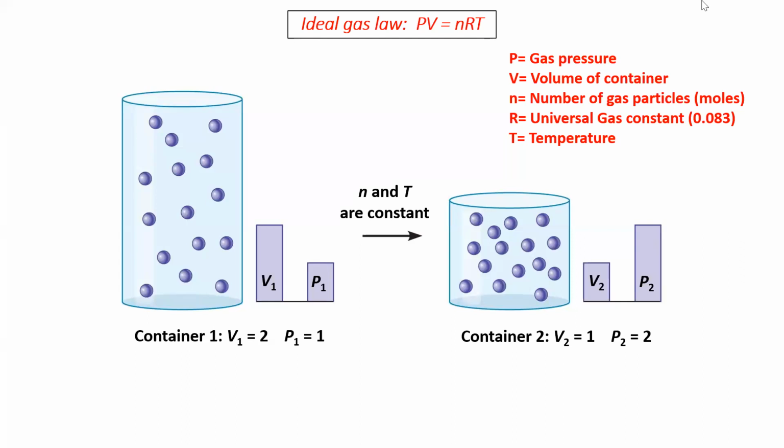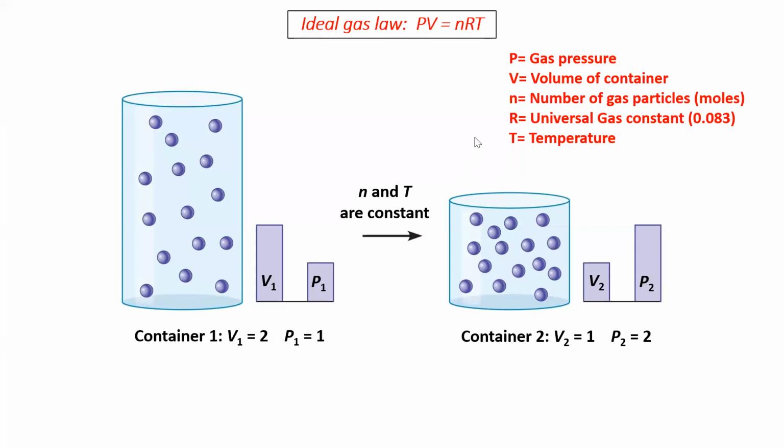Now, most of these variables are kept constant if you think about our lung physiology. The universal gas constant is kept constant. The temperature is kept constant. And the number of gas particles usually changes in our physiology, but for the benefit of this example, the number of gas particles is also kept constant, okay?